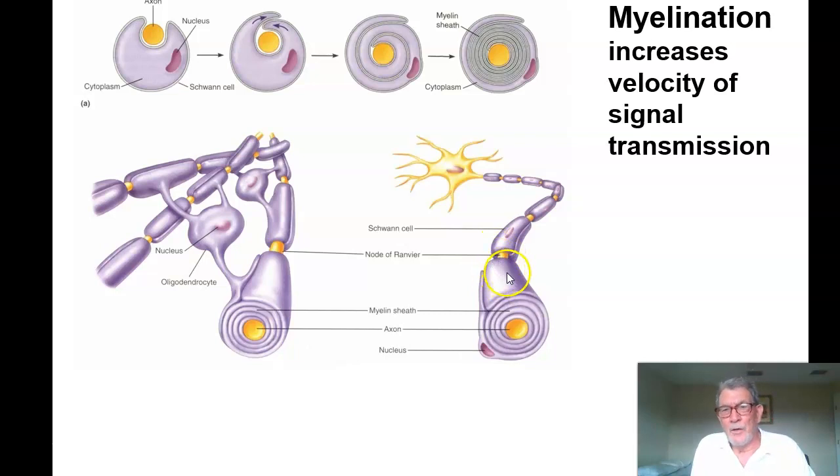The channels aren't proper there, and as the demyelination gets worse and worse, you can't even move that arm or leg. So a demyelinating disease or toxin or something is a real serious neurological problem.